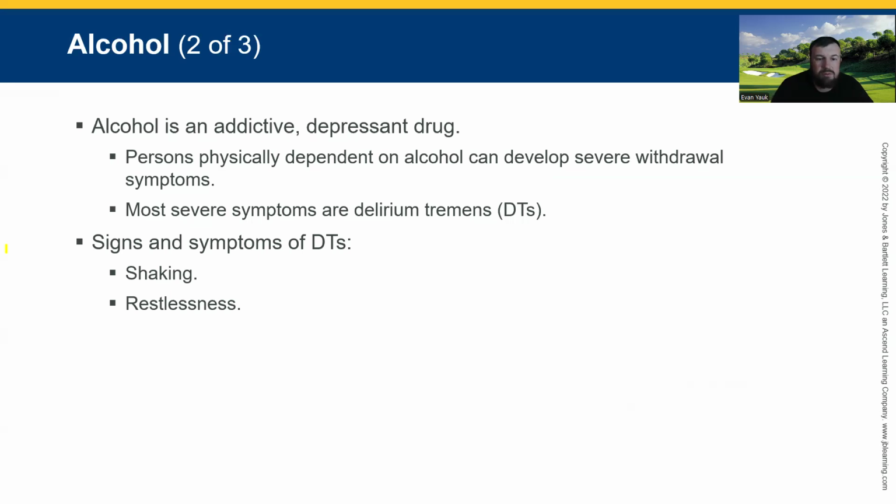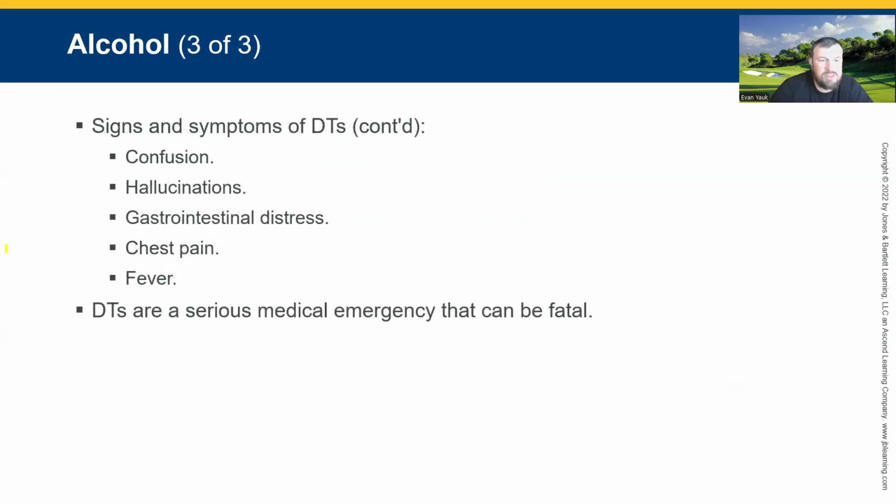The most severe symptom is delirium tremens, or DTs. Signs and symptoms of these are shaking and restlessness, confusion, hallucinations, gastrointestinal distress, chest pain, fever. DTs are a serious medical emergency and can be fatal. That's why it's really important that we talk to the family members of the patient.